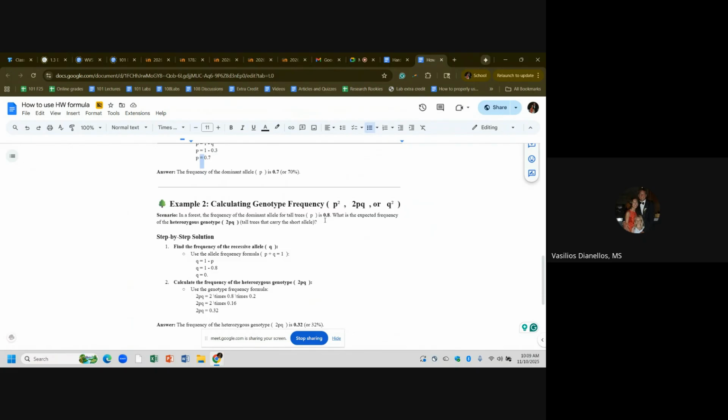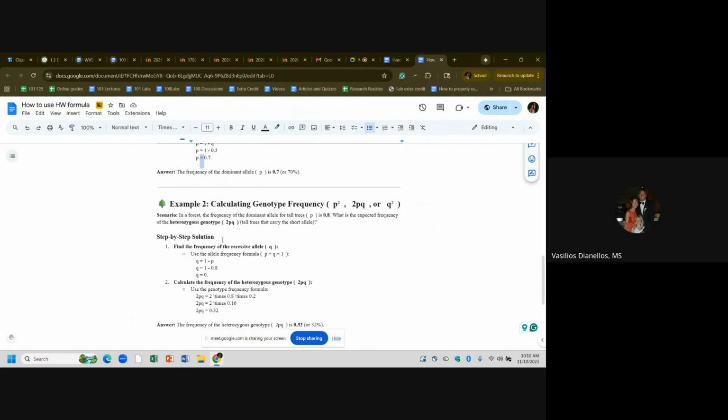What is the expected frequency of the heterozygous genotype? The frequency of the dominant allele, which is p, we know is 0.8. Based on that, we can do some math and figure out what 2pq is.